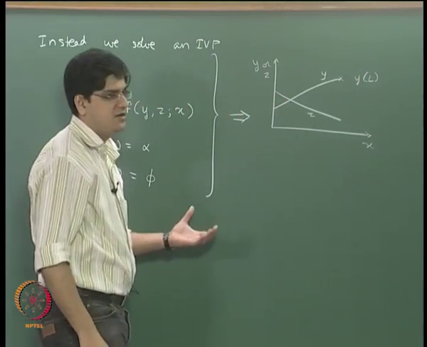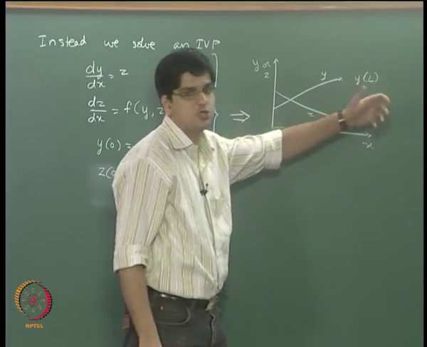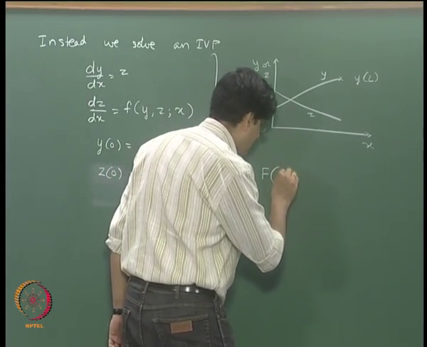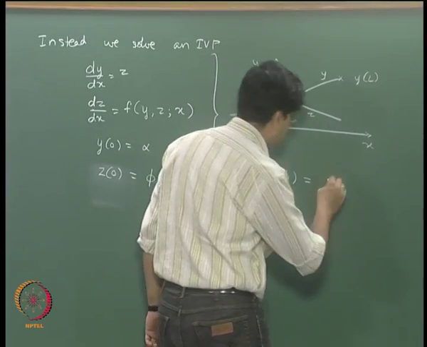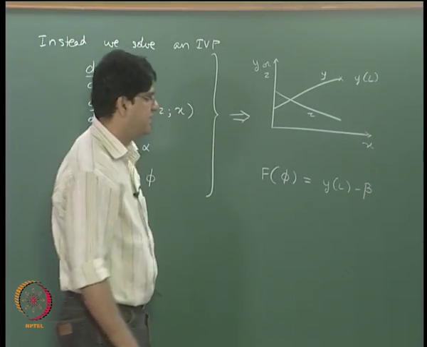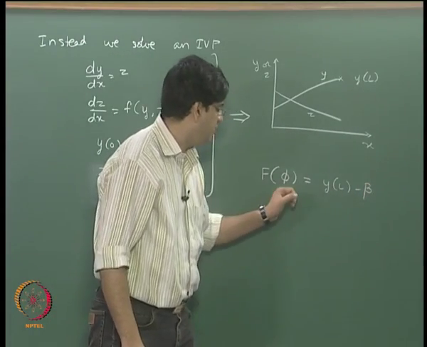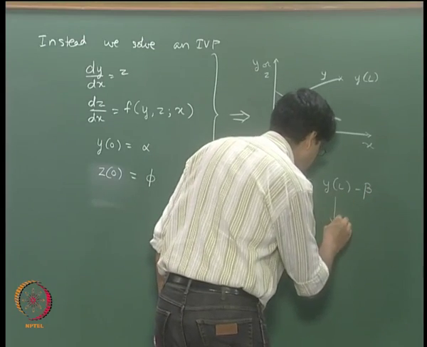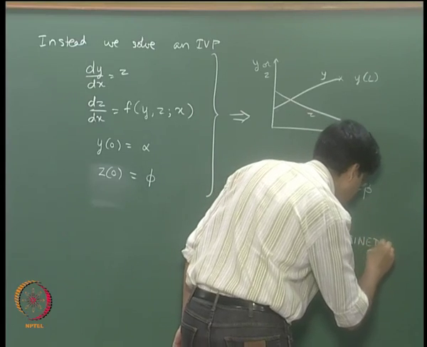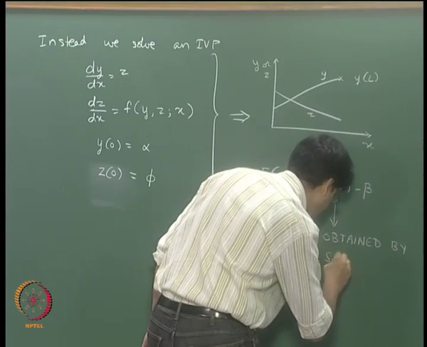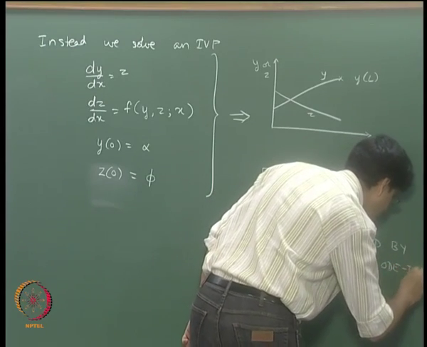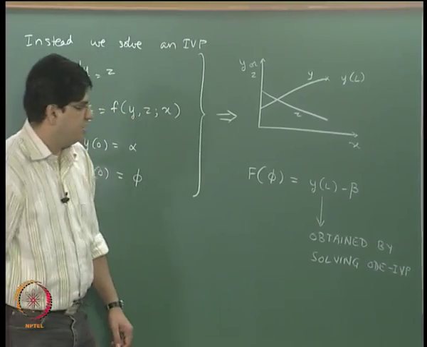And let us say we had the problem of solving y(L) equal to beta, then we define our function capital F of phi as equal to y(L) minus beta. So, this is our capital F, where y(L) is obtained by solving the ODE initial value problem.